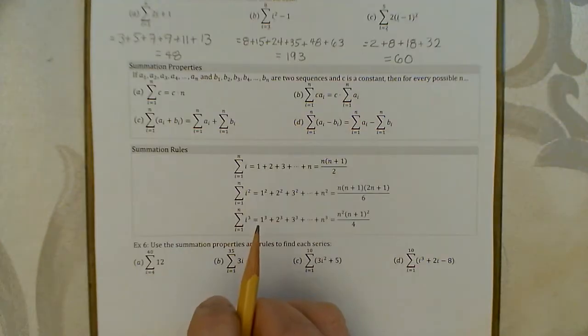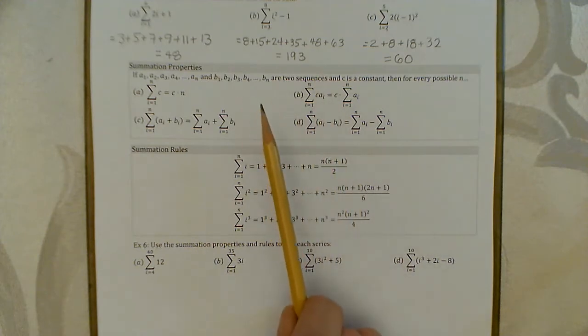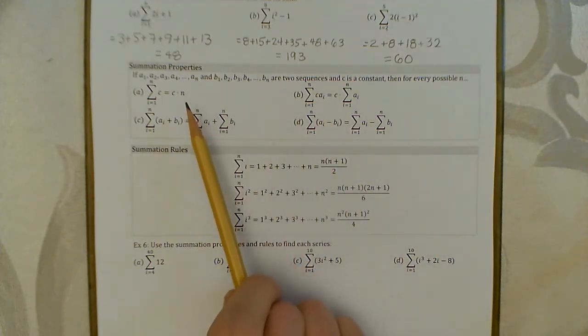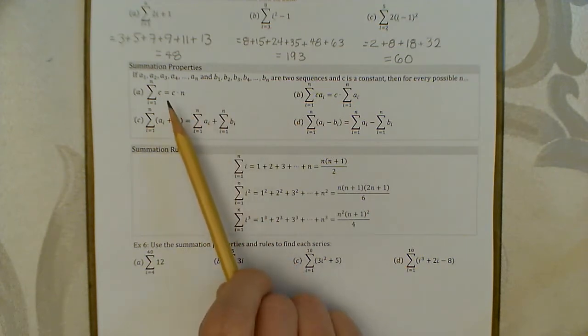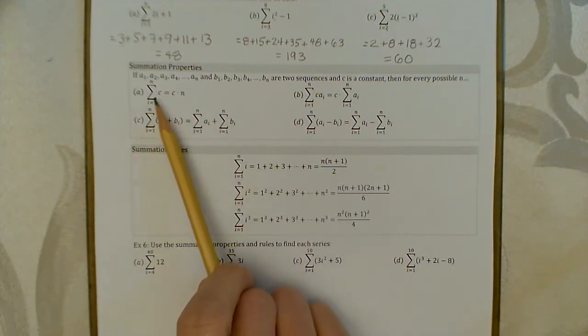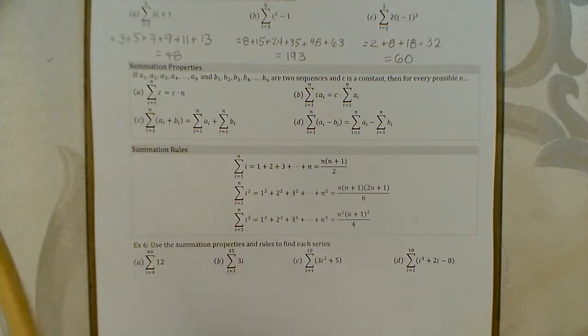Okay, so we have some properties that adhere to the series or summation notation. So if I have a formula that doesn't have an i in it, then every time I generate a term, it's just going to be the constant.